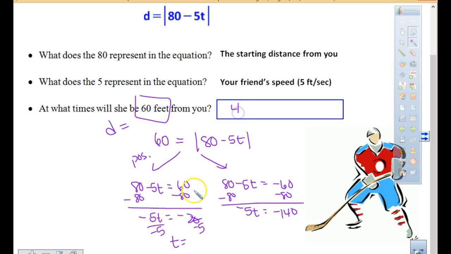Negative divided by negative should be positive, 4 seconds, right? Maya, on the other side, when you divided negative 140 by negative 5, how many seconds? 28. So 4 seconds and 28 seconds.